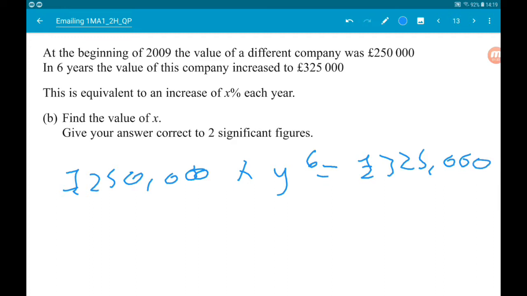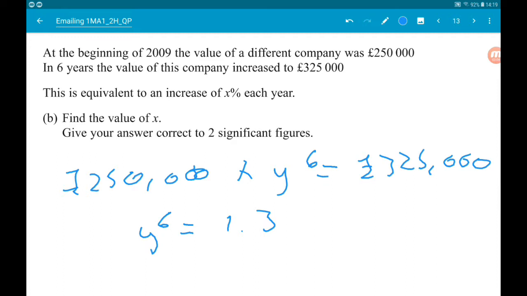Now, if we can find the value of y, we can find the percentage. So, first thing we need to do is divide by 250,000, so we get y to the power of 6 is equal to 1.3.